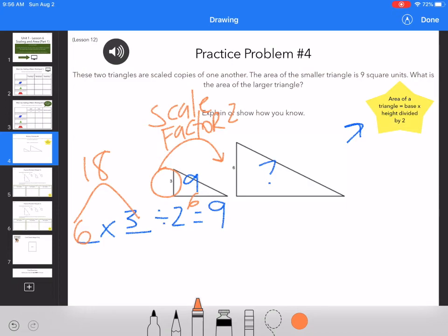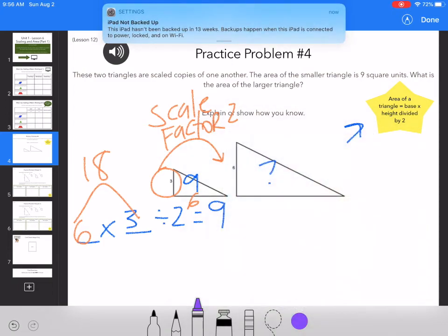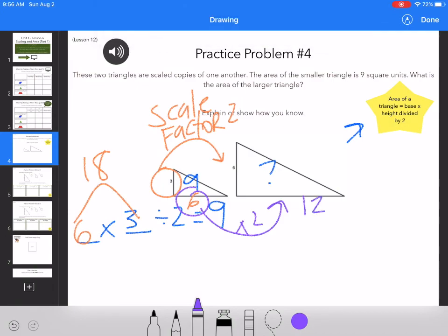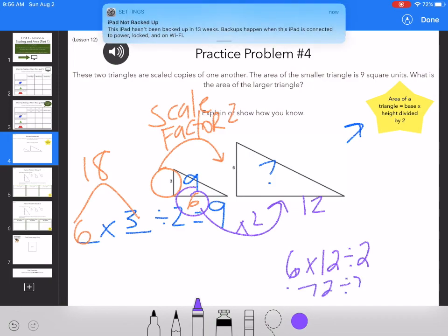So now I've got to think of the same thing again. 6 times 2 is going to give me 12. So if I want to find the area of the larger triangle, I'm going to do 6 times 12 divided by 2. That means 6 times 12 is 72, divided by 2 is 36. So my area is going to be 36.